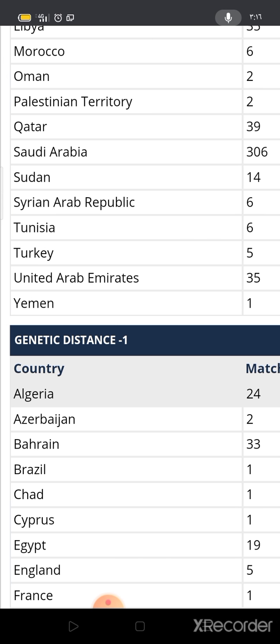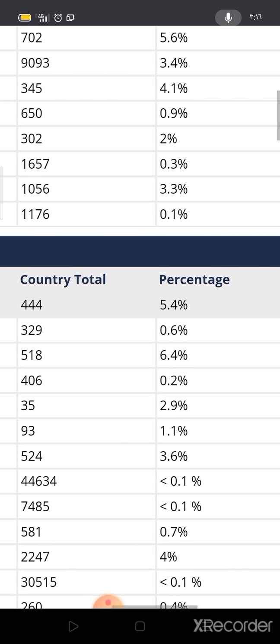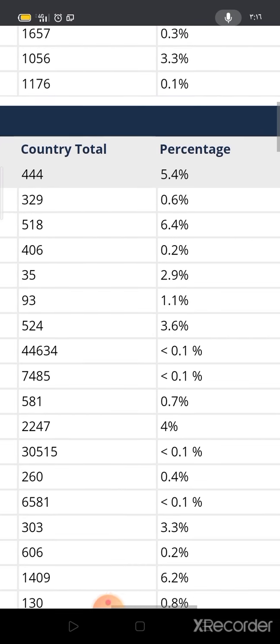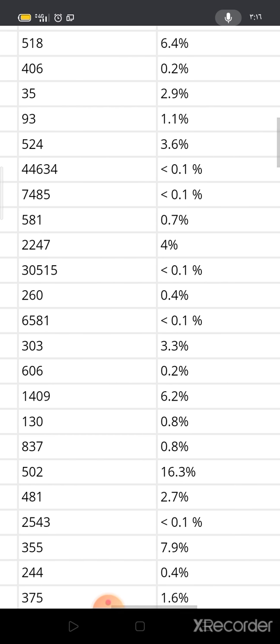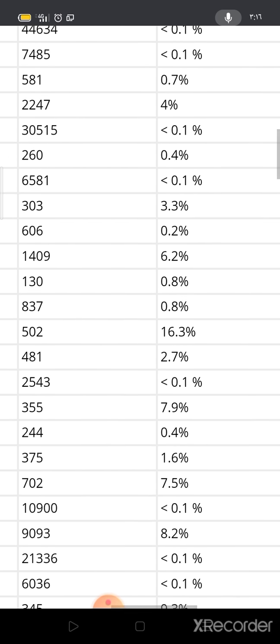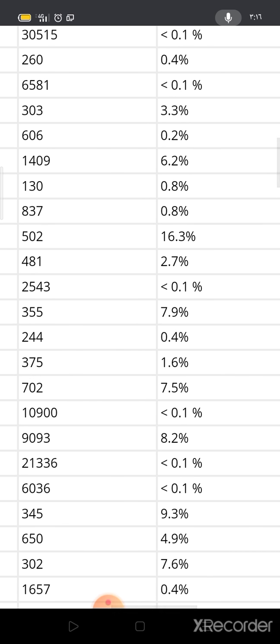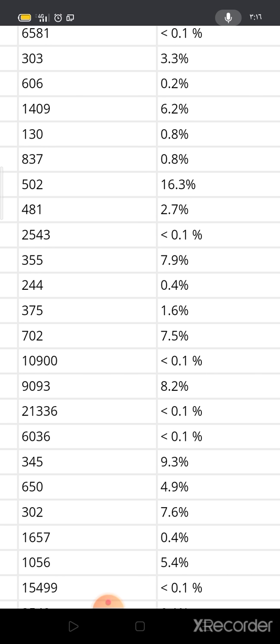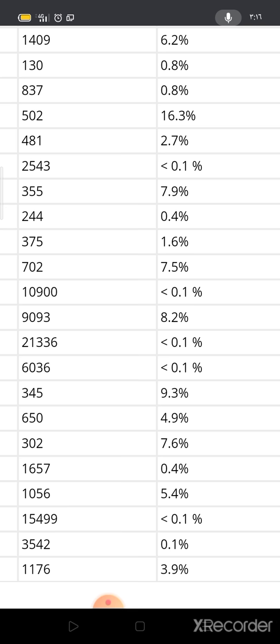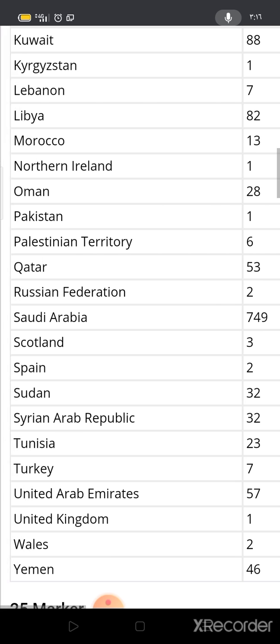Here also genetic distance 1. That means they share 11 markers from 12 markers. I can check the percentage here. I can see that they have 8.2, oh my god, 9.3%. This is in Sudan.